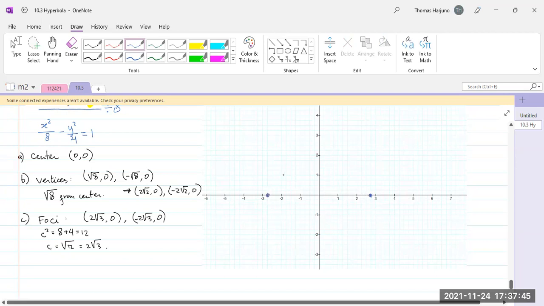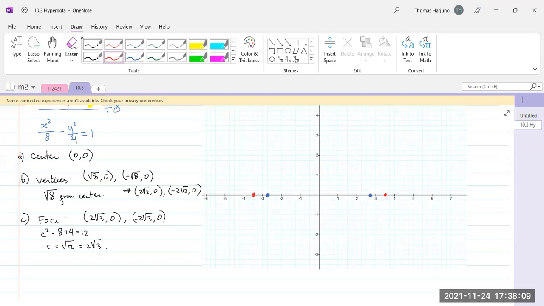Those are the vertices. Okay, and the foci will be square root of 3 times 2 away from the center. That's approximately 3.5. So the foci will be approximately 3.5.